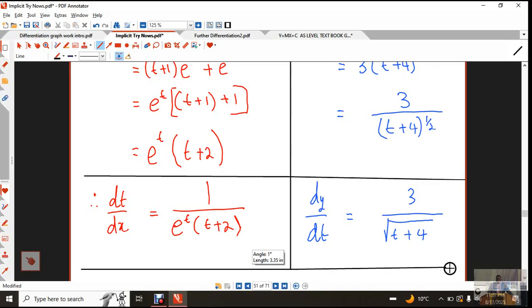We have these two, and we are going to use the chain rule to multiply those two.